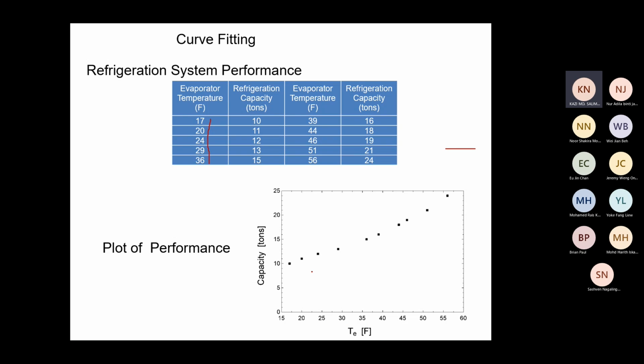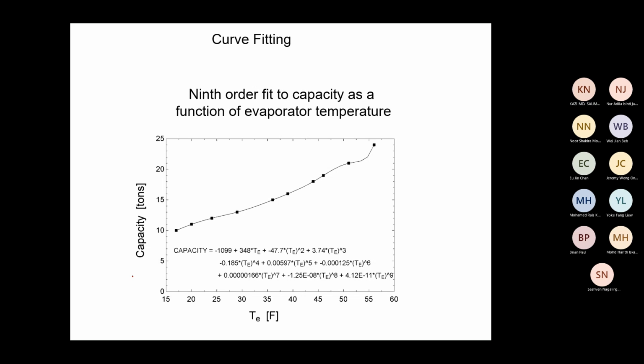So it increases with the increasing temperature in the space where we want to do the air conditioning. Then we go on further to the ninth order fit to capacity as a function of evaporator temperature.